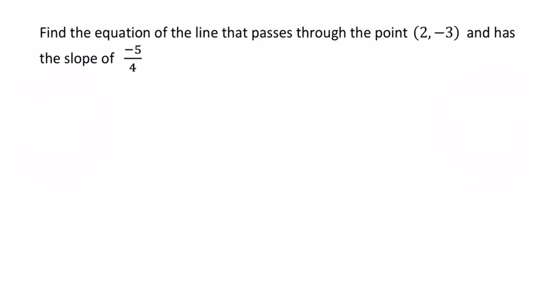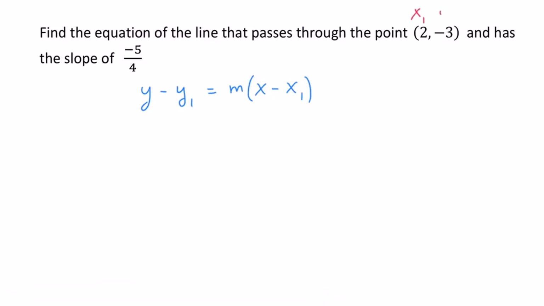Find the equation of the line that passes through the point 2, -3 and has the slope of -5/4. So we have y minus y sub 1 is equal to m times x minus x sub 1. So here we have the point.